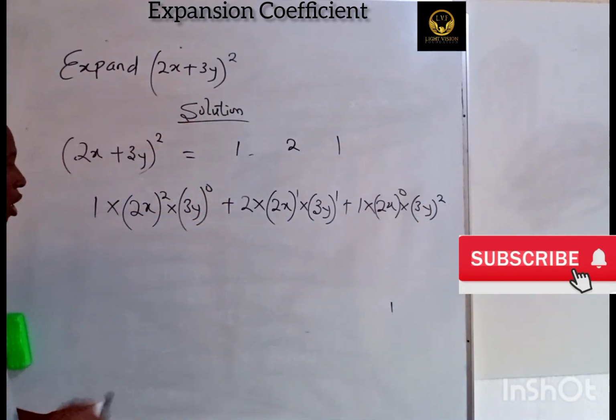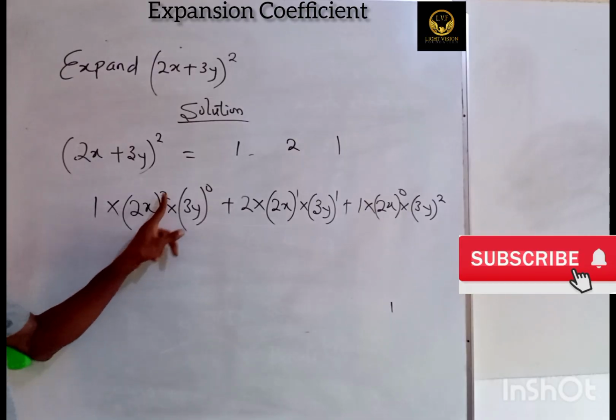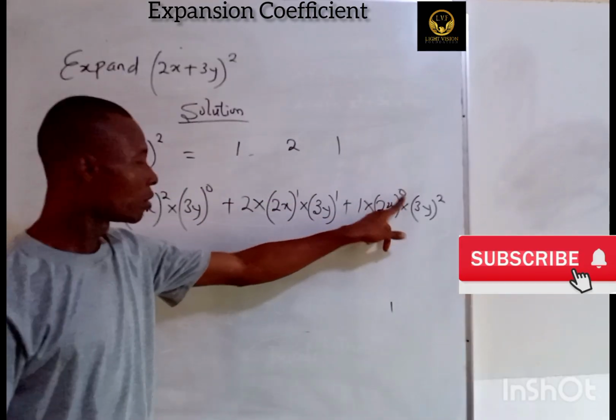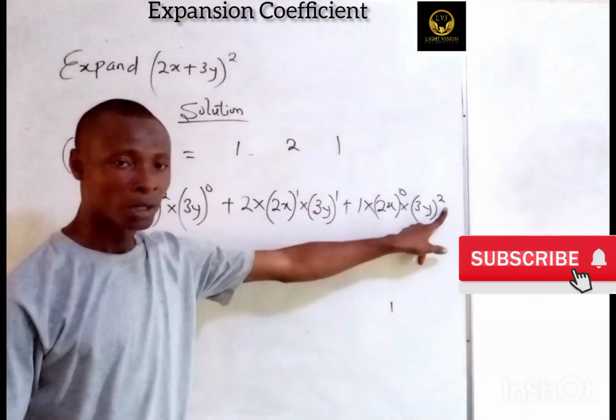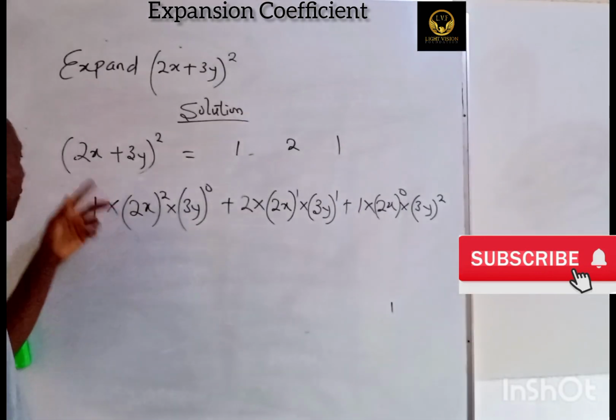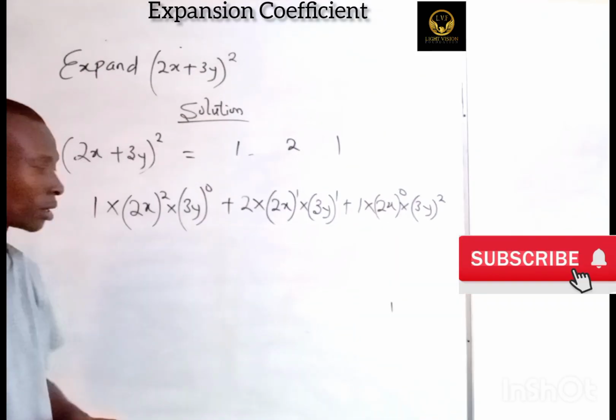Now notice, when you look at this carefully, you will see that this is 2, 1 and 0, while here is 0, 1 and 2. So the power of the first term is decreasing while that of the second term is increasing.